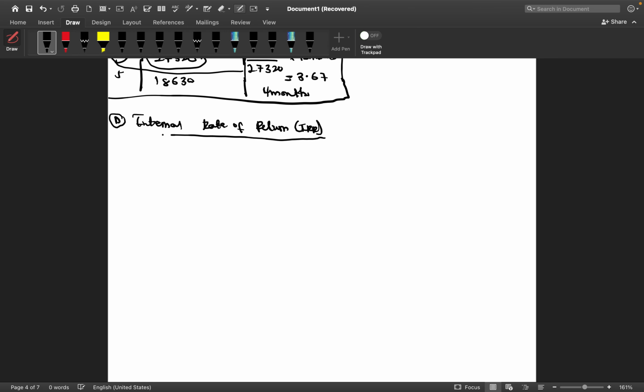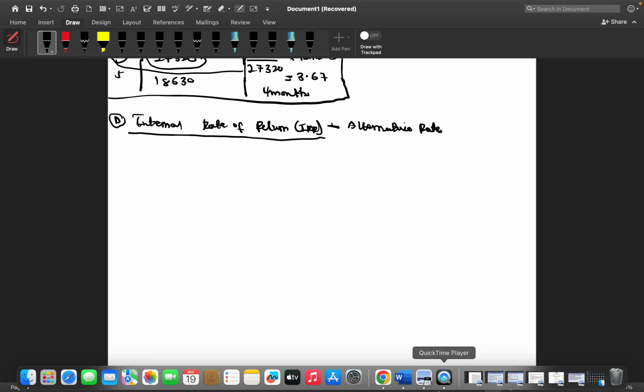So with the internal rate of return, it's talking about an alternative rate, apart from the actual rate.